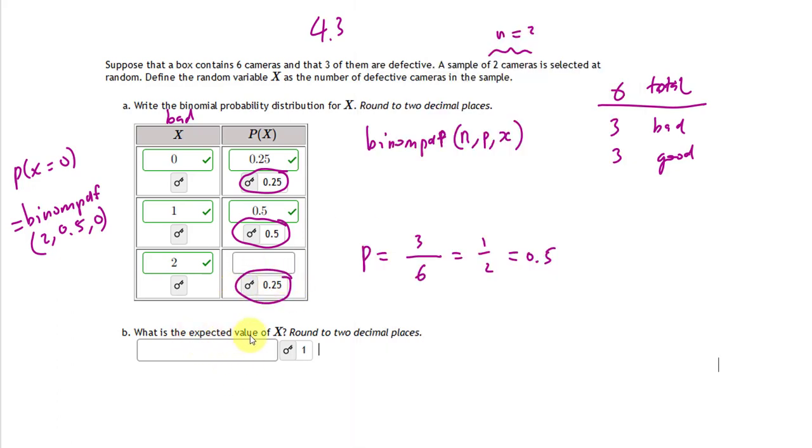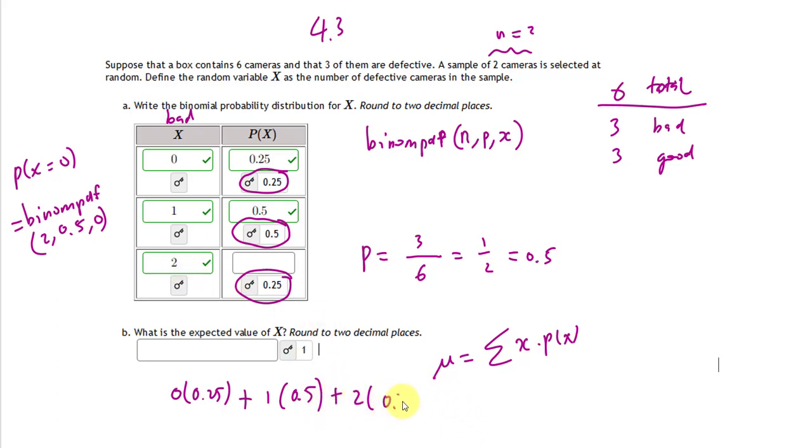To find the expected value, you take 0 multiplied by 0.25, add 1 multiplied by 0.5, that is x multiplied by p of x. The summation of x times p of x is the expected value. And then last one, 2 times 0.25, and you add all of them together, and you should get 1 right here.